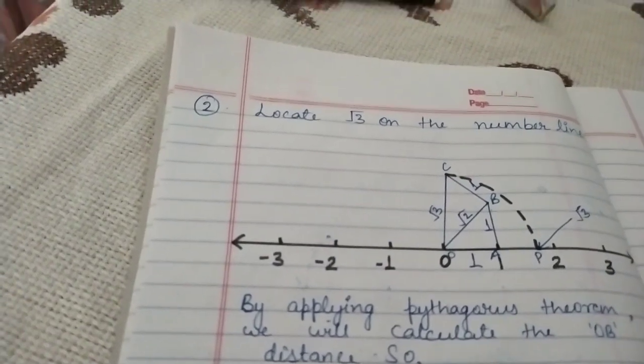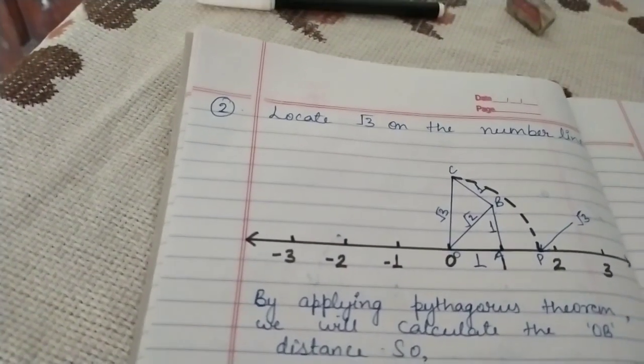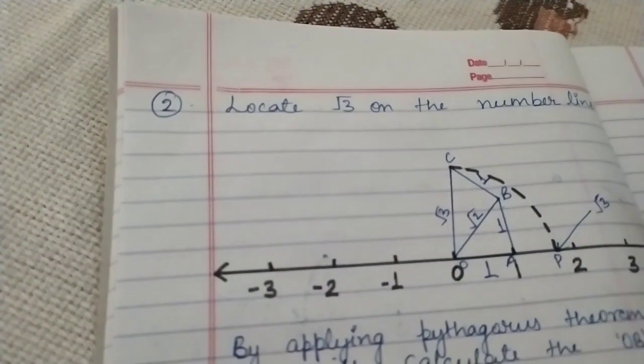In this way we can locate any irrational number on our number line.